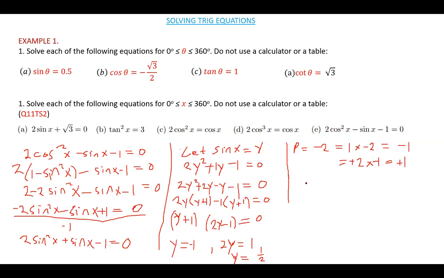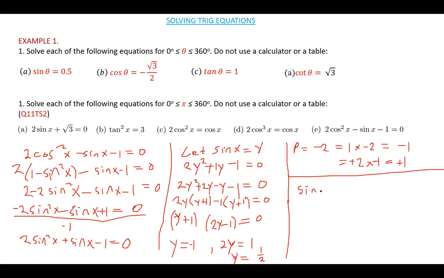So from there, you can now recall that at one point I said my sine x is equal to y. So meaning while there is y in these answers, I'm going to put sine x. So I'll take the first one here. While there is y, I'm putting sine x.